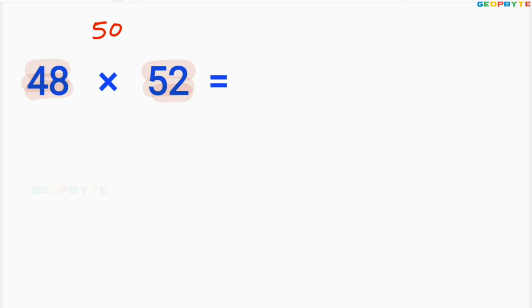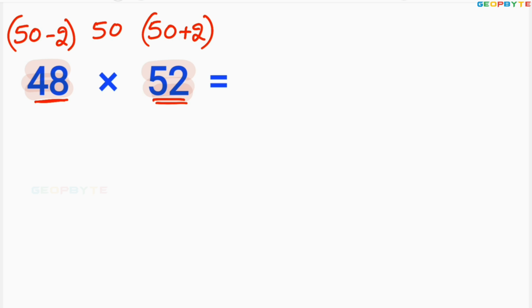With respect to 50, this 48 I can write as 50 minus 2. Similarly, this 52 I can write as 50 plus 2. Now it looks like (a plus b) into (a minus b).